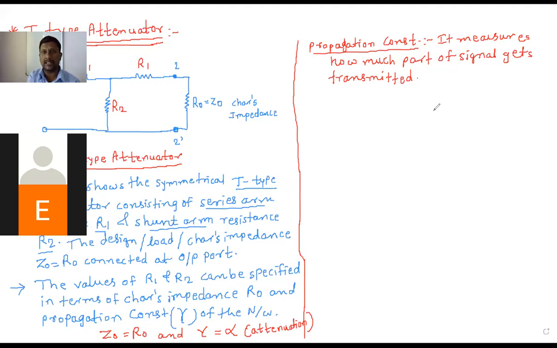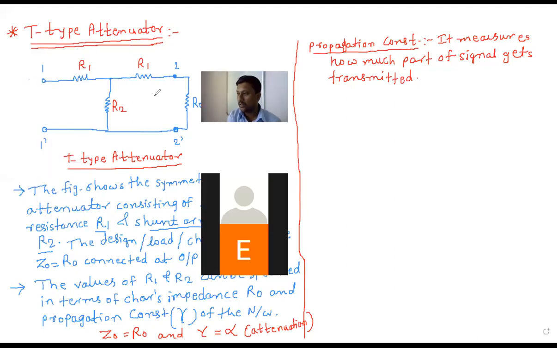Okay, so we can start the derivation now.